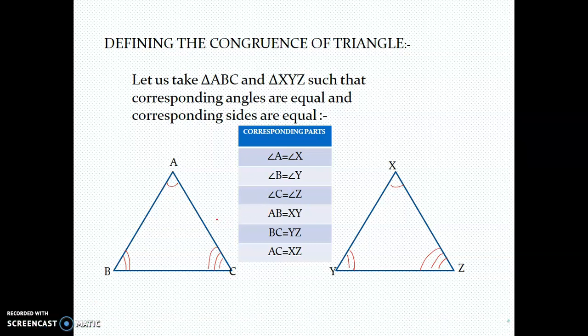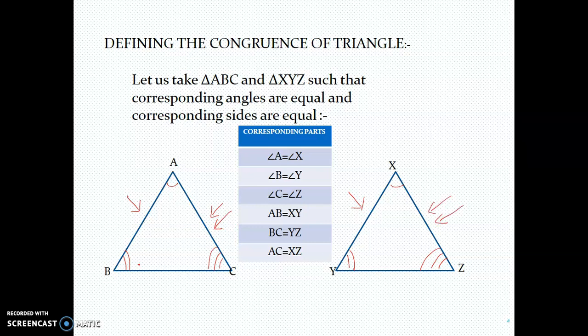So these are the corresponding angles, and similarly corresponding sides. AB, we are taking this side of the triangle, AB. So AB will be equal to XY. When you're taking AB, you will not take XZ, you will take XY. Similarly, when we are taking AC, AC will be corresponding to XZ.